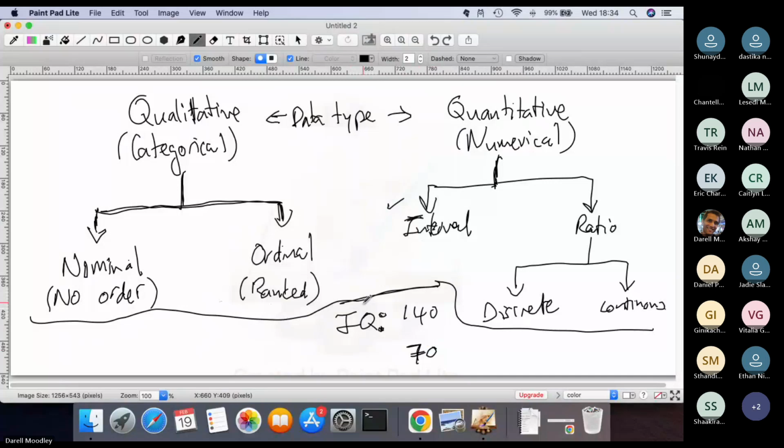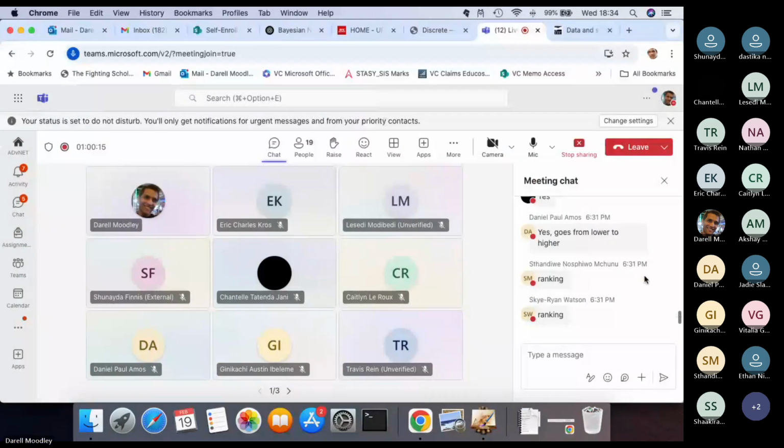Does everyone understand that? Always ask yourself that question. If you can subtract the answers and it makes sense, however, if you divide them and it doesn't make sense, then it is interval data. You can use those kind of checks to determine that.